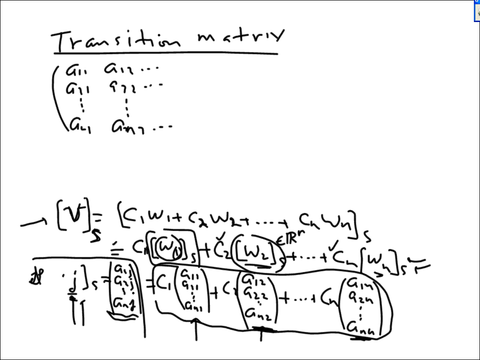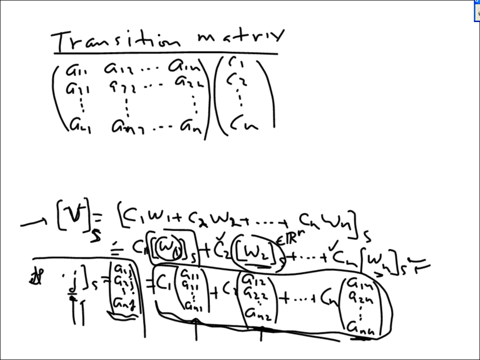In the end, please make sure you agree that the product is the same as this last line. You take this matrix and multiply it with C1, C2, up to Cn. Do the multiplication. Make sure you get what's on the bottom.